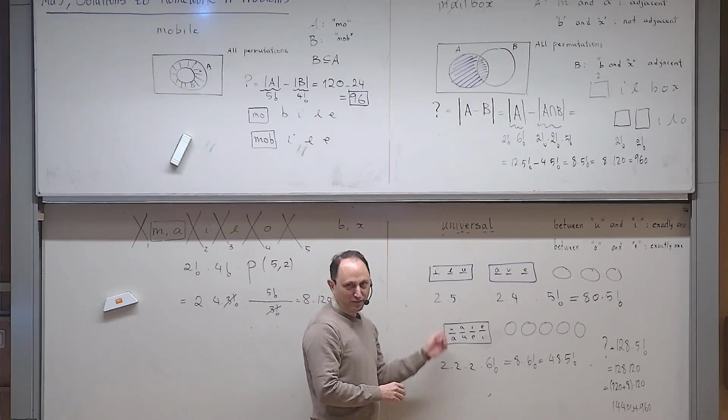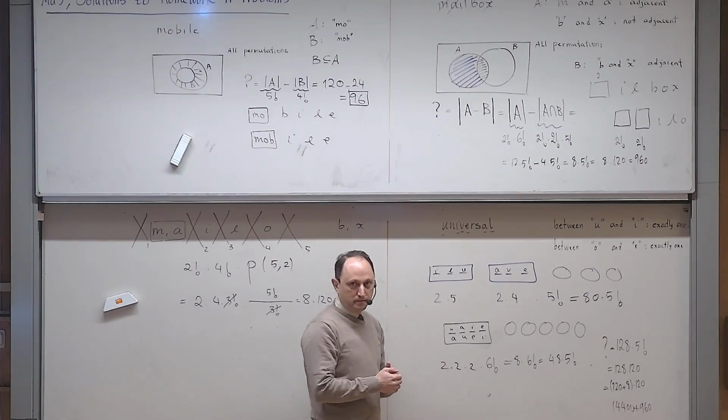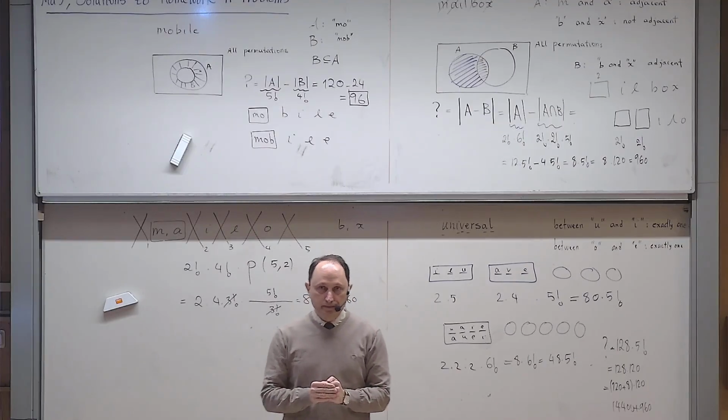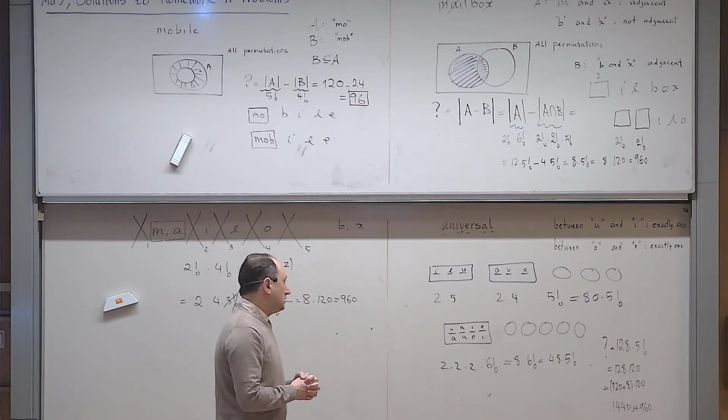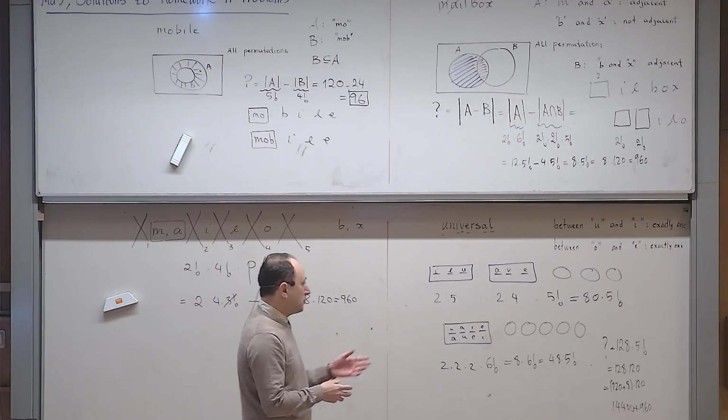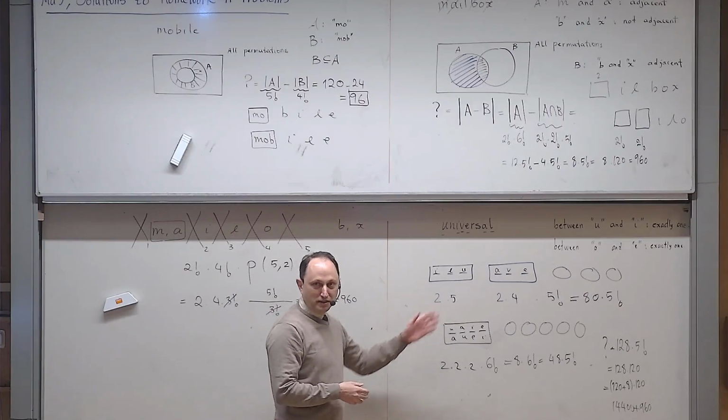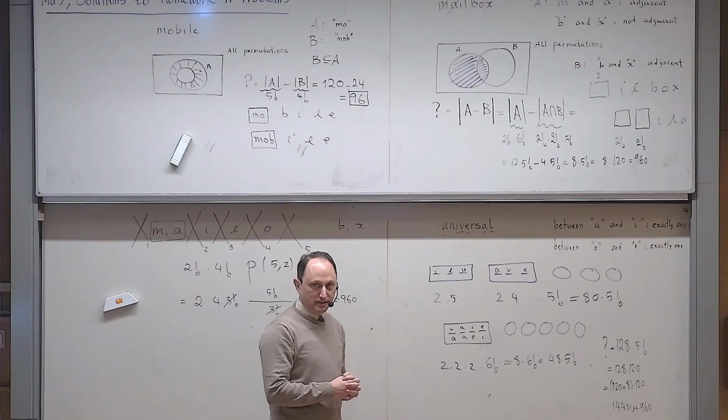But I don't think that was very hard to come up with. Is it possible to use a Venn diagram to solve it? In principle, you should be able to do it when it comes with the complement principle or something, not by the product principle.